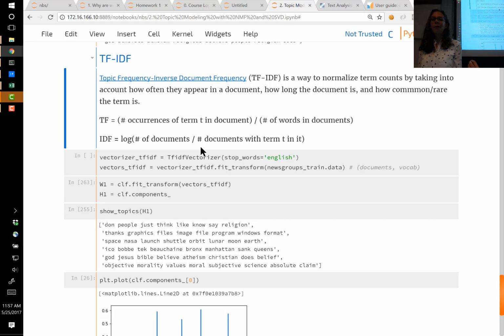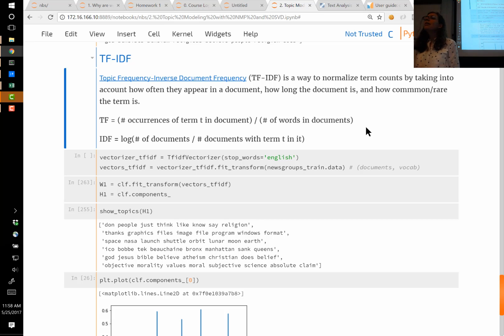So here we want to take into account how often a term appears in a document, how long the document is, and also how common or rare the term is. So far we've just been dealing with raw frequencies, which don't take into account any of that. What tf-idf does instead is it has this term tf, which is the number of occurrences of a term in a document over the number of words in the document.